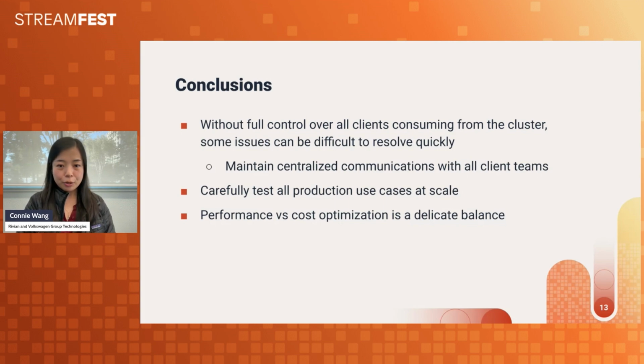Also, it is very important to carefully test all production use cases at scale. In this case, it is very important for us to be able to start new consumers from earliest offsets in case we have a new use case that needs data to be backfilled and can't just start from latest. We had tested this in the lower environments and in a limited way in production, and everything was working fine.